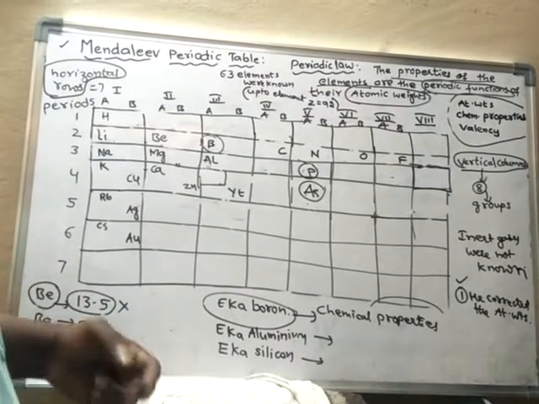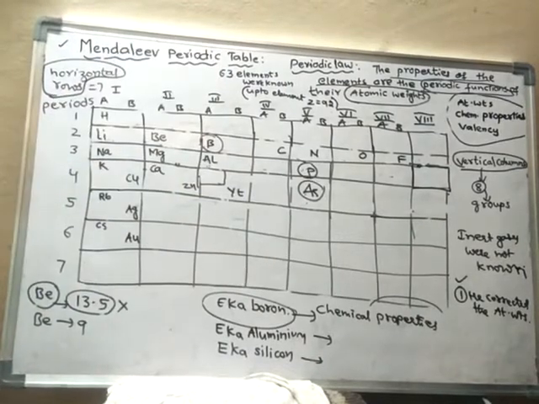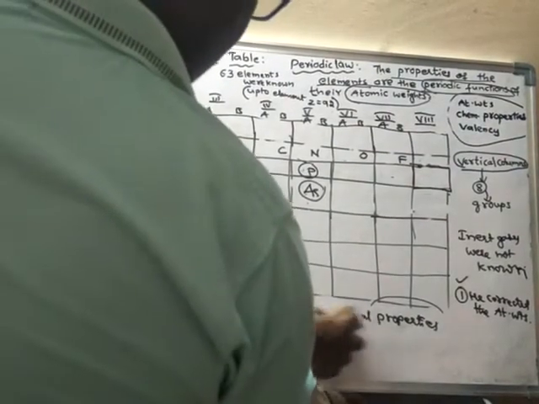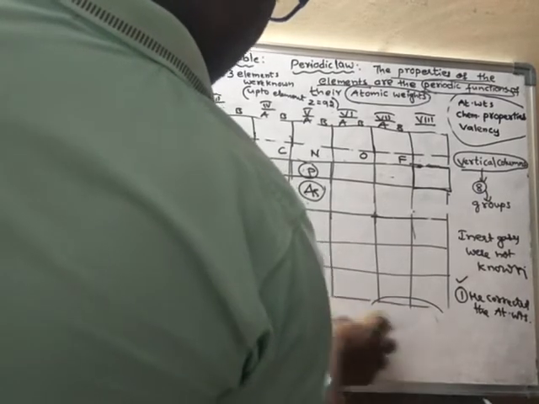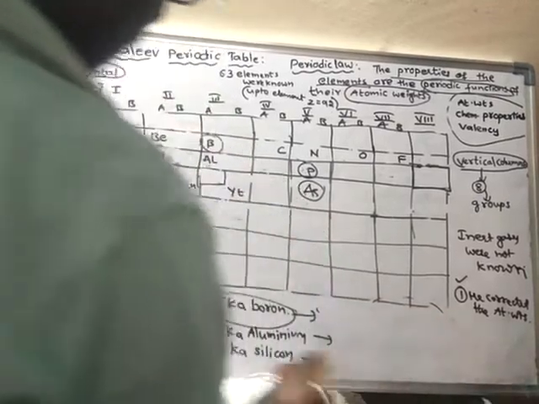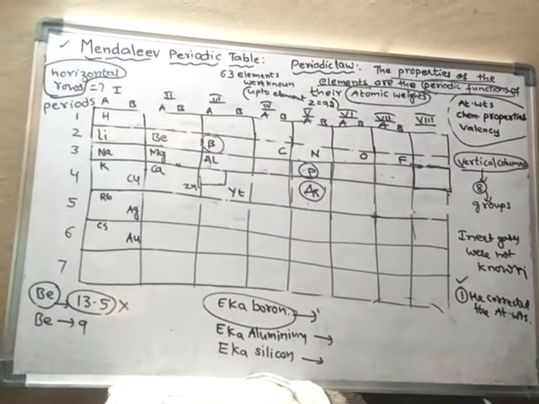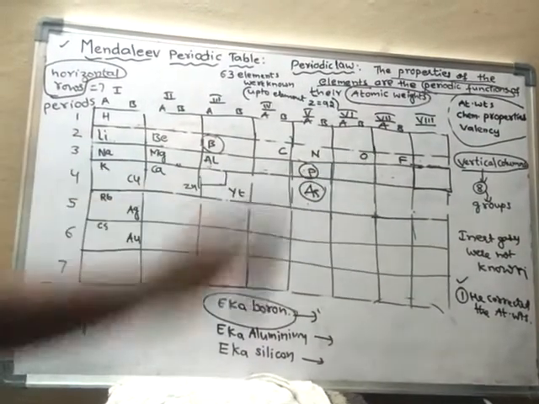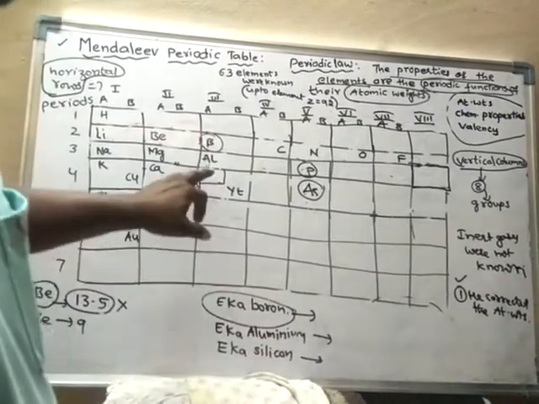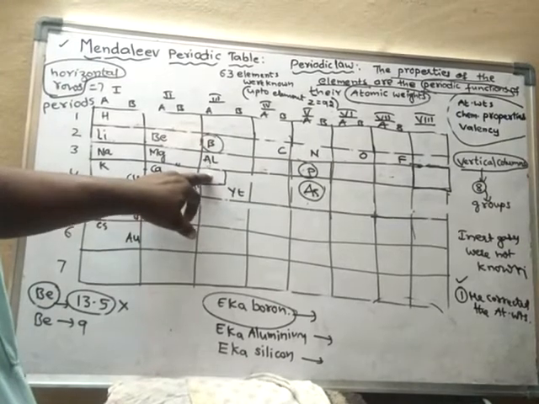These elements were not yet discovered by the time of Mendeleev. But later on, the new scientists, the upcoming scientists, with the encouragement of this periodic table, thought that there should be some element here.